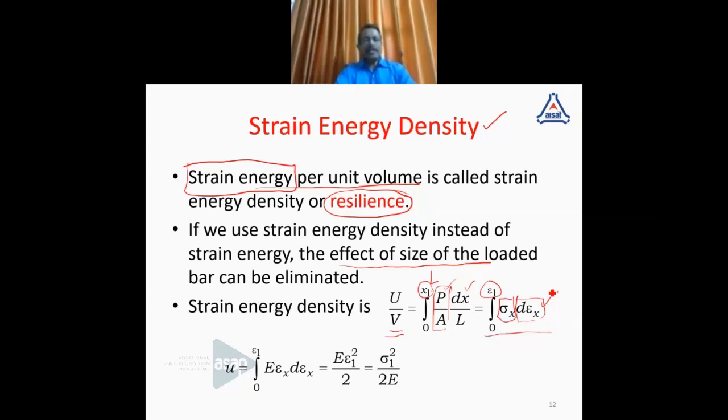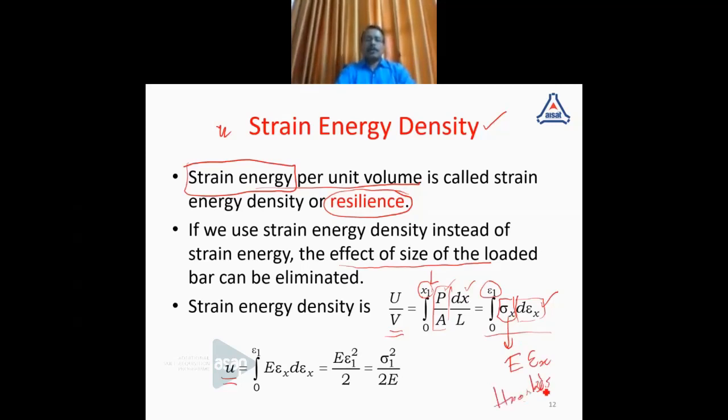Only in the derivation of these expressions do we have to use integrals. Otherwise, we need not go for any such things. Here we are using a small u as the notation for strain energy density. Now the same expression, by replacing sigma x by E into epsilon x, from Hooke's law.